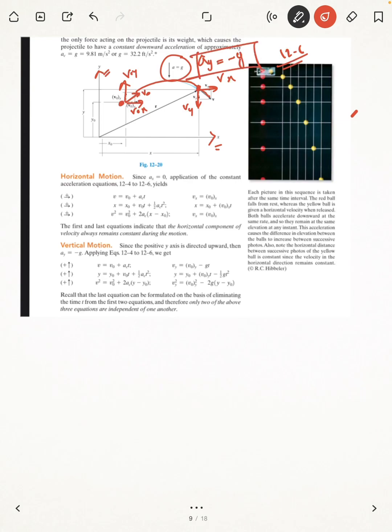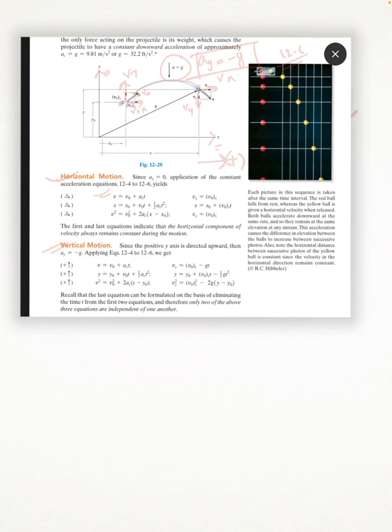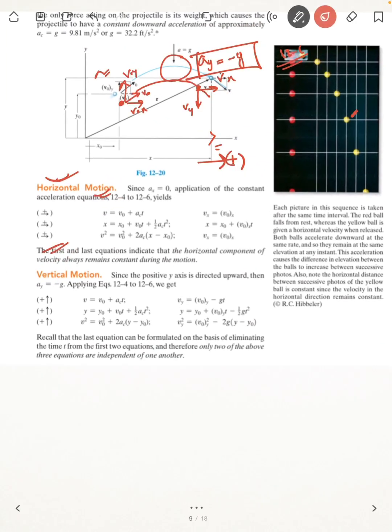What should be the equations of motion for the horizontal case and the vertical case? For the horizontal case, if I take the right side as positive, the first one is v equals v naught plus at. These are the normal equations, you just have to represent them in the x direction.